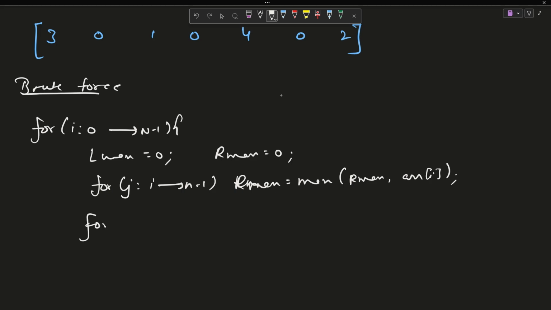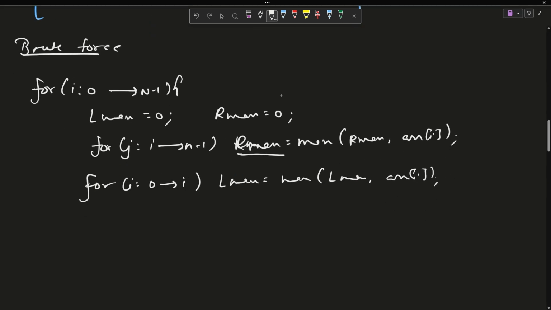And similarly for j going from 0 to i, lmax equals maximum of lmax comma arr[j], right? Now this will give you the right maximum, this will give you the left maximum.